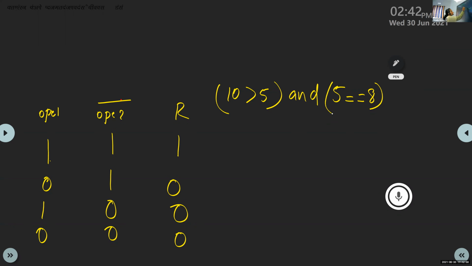It is false because 10 greater than 5 is true, but 5 equal to 8 is false. So true into false, what is the result? It is false. True into false means 1 into 0. The result is 0, that is false. Is it clear, Thompson?